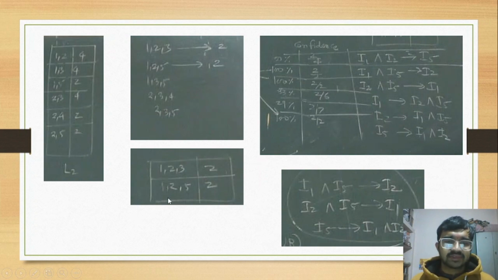make subsets of these item sets, and we will calculate the confidence of each rule from the three item sets. So here we have generated subsets of rules, and we are now calculating the confidence of each association rule, and then we have calculated the confidence percent of each association rule.